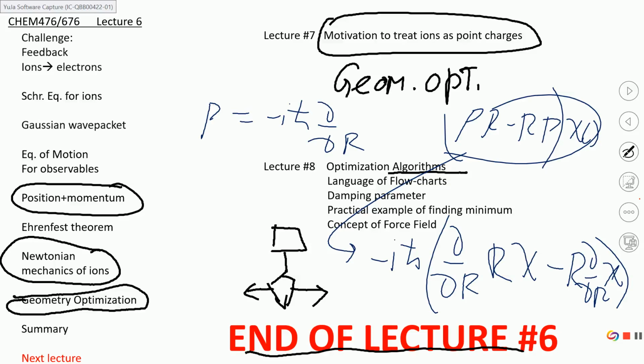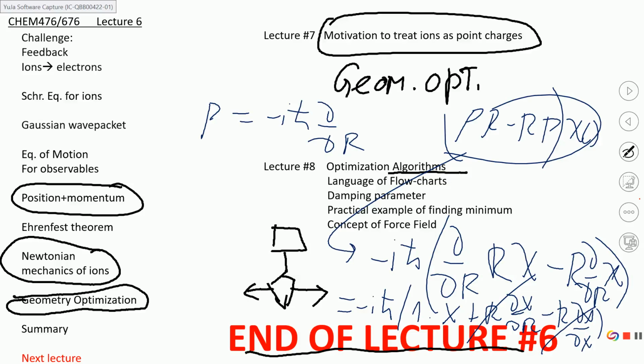So if you open this bracket, dR over dR will be 1, right? 1 times chi plus R d chi dR minus R d chi dR. And then these two terms cancel, and we are getting minus i h bar.